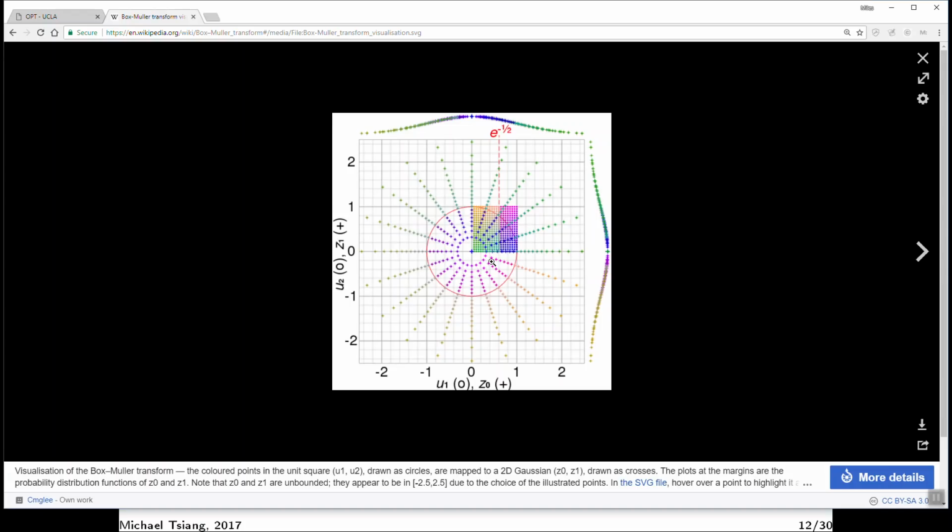Along the radius, it represents the exponential distribution, trying to express that values near the center are more common, and as we go further out from the origin, they become more and more sparse, whereas every angle between 0 and 2 pi is equally likely. When you look at the resulting distribution along the x or along the y, it ends up looking like the normal distribution here.